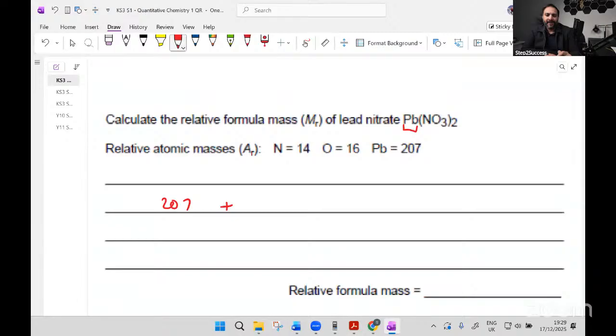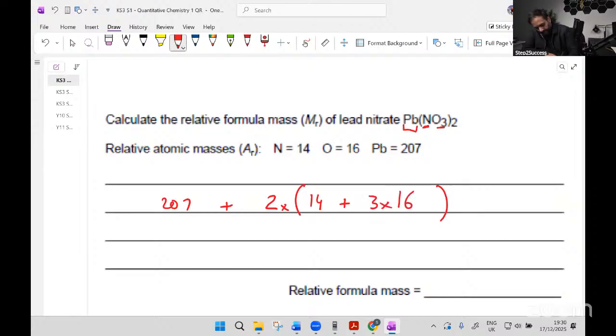When you have brackets, you have to be a little bit careful because you need to work out everything in the bracket first and then times it by 2. So that's what the 2 outside the bracket means. Everything in the bracket gets times by 2. It's a bit like BIDMAS. So you're going to do 2 times everything in the bracket. In the bracket, we've got an N, which is 14, plus 3 oxygens, which is 3 lots of 16.